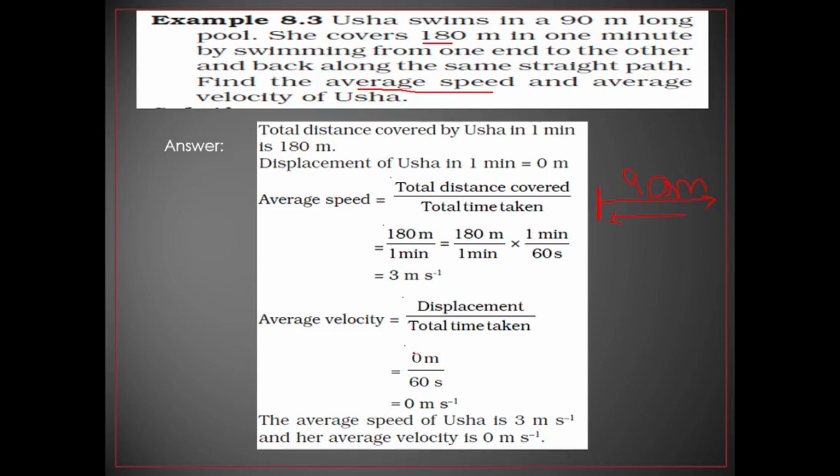Displacement is of course 0 meters because she came back, and the total time taken is 60 seconds. 0 divided by any number is 0, so the answer is 0 meter per second. The average speed of Usha is 3 meter per second, and her average velocity is 0 meter per second.